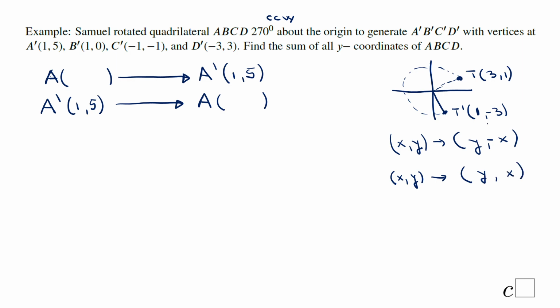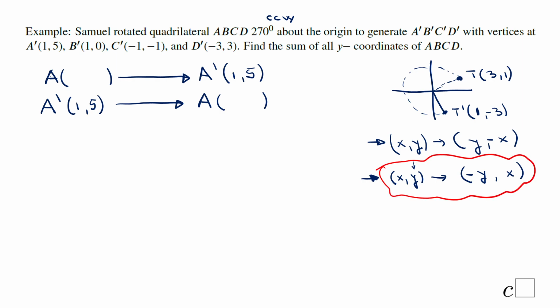And now we notice this -3, which is the y coordinate here, becomes positive, so we're going to have this. So this transformation is undoing this transformation. Okay, so that's the one I'm going to use now.